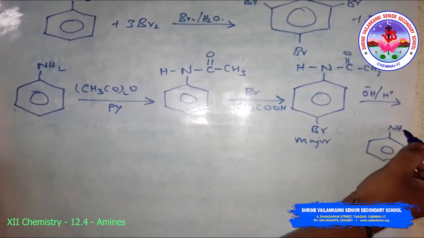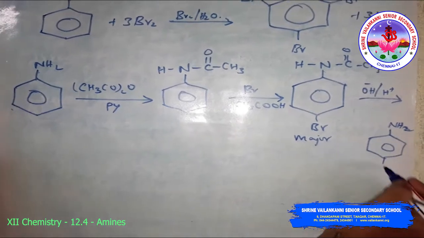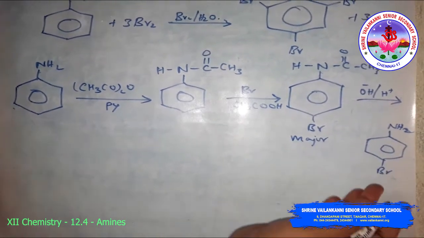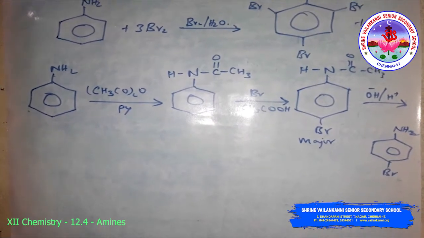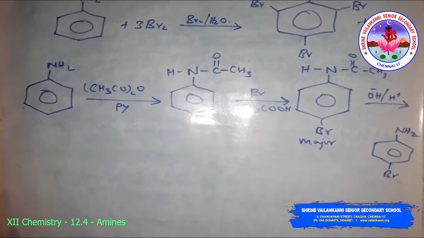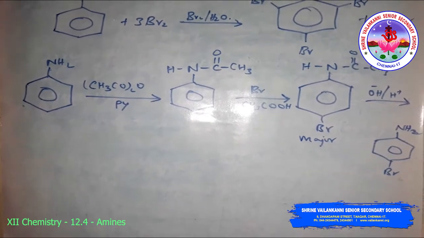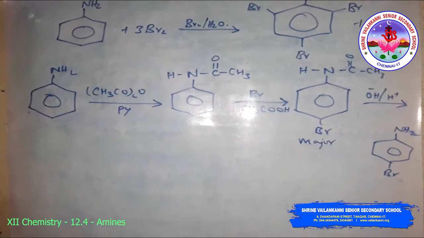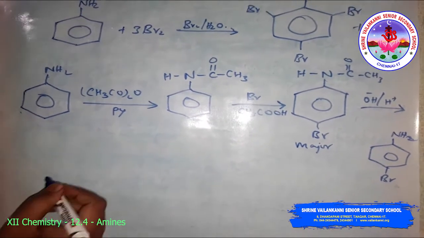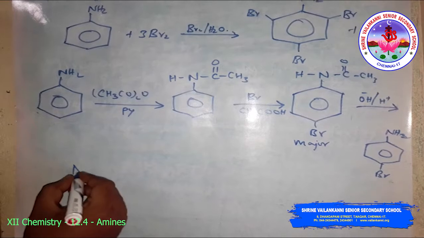Then the lone pair of electrons on the nitrogen of acetanilide interacts with the oxygen atom due to resonance. See the resonance like this: N with its lone pair of electrons, carbon double bond O, CH3 in acetanilide.